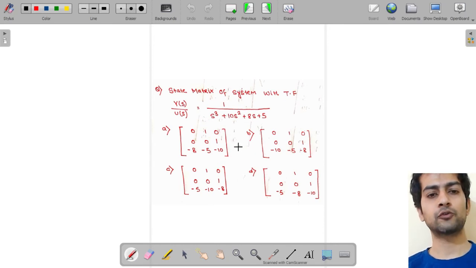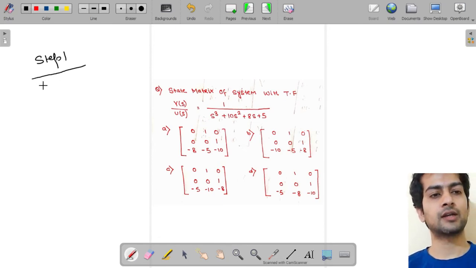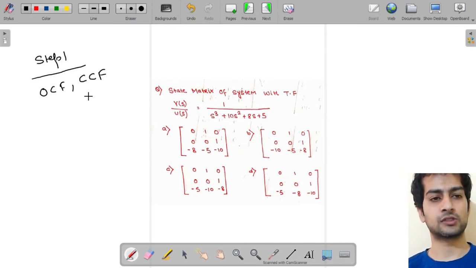So what we have to do first is, step 1. We have to find out whether the given option is in OCF or it is in CCF. So step 1, we have to check these options and see whether it is in OCF or in CCF.